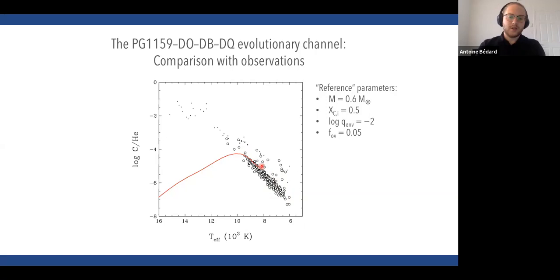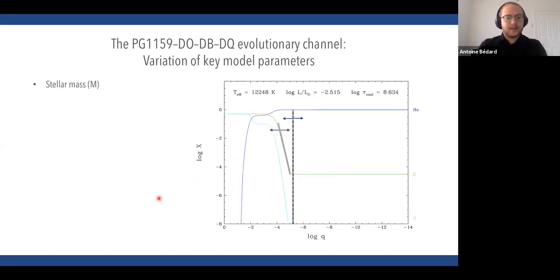And actually, the location of this curve in this diagram depends on several key model parameters. So first, it depends on the stellar mass, because the mass influences both the depth of the convection zone at a given temperature and also influences the efficiency of carbon settling, which controls the location of this carbon diffusion tail at a given temperature.